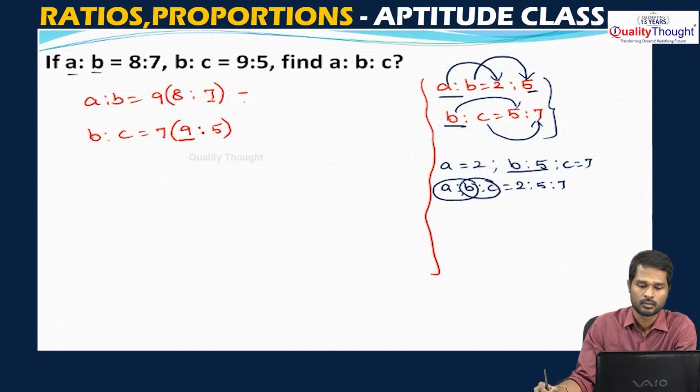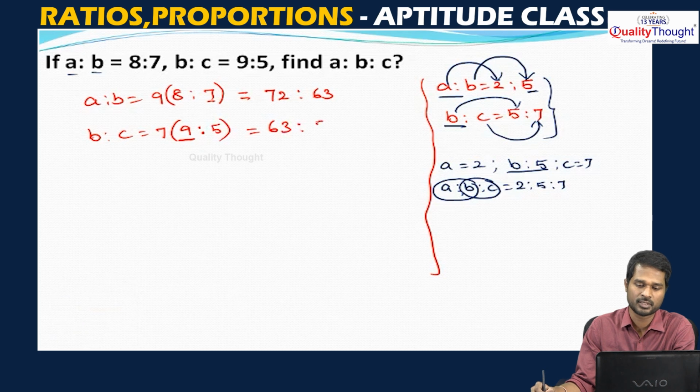that is 7. So this will be 9 8s are 72 is to 9 7s are 63, and 7 9s are 63 is to 7 5s are 35. Now check, in both cases the B value is equal. So we can write A is to B is to C as 72 is to 63 is to 35.